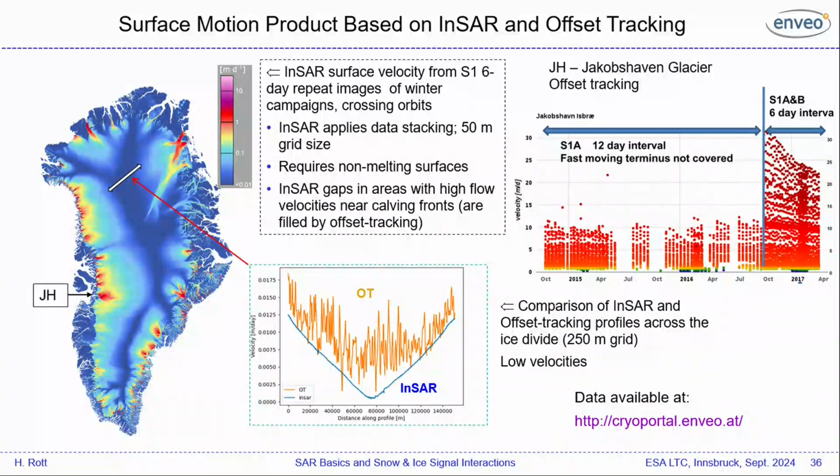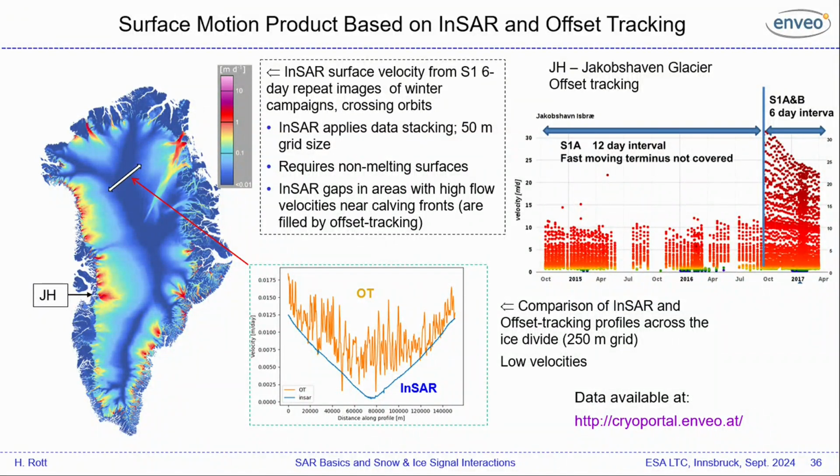What do you think, the offset tracking is less sensitive to low velocity than InSAR? I mean, this is still enormous. 1 centimeter with a pixel size of 20 meters times 5 meters. You use larger windows, because you're matching really large plots.